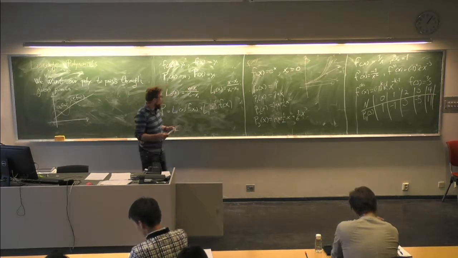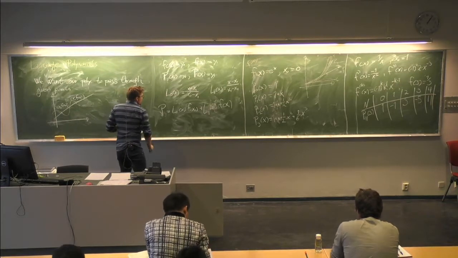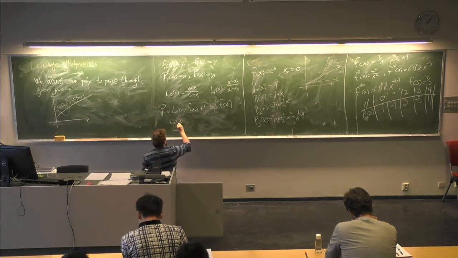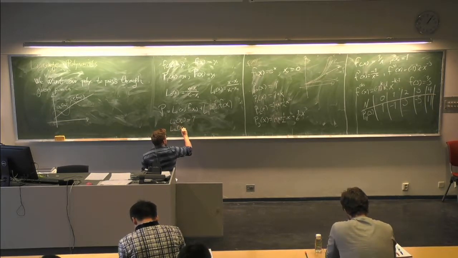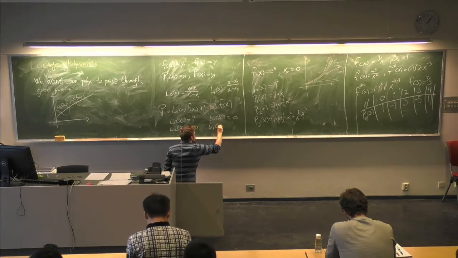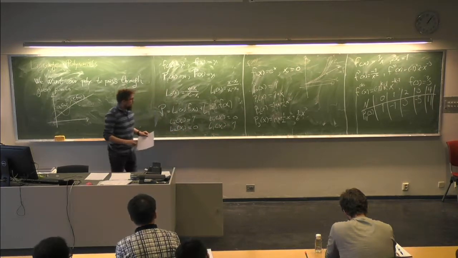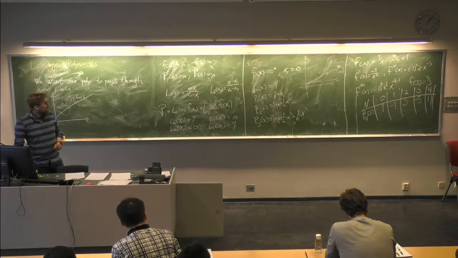So we see that L0 of x0 is 1, L0 of x1 is 0, and L1 of x0 is 0, L1 of x1 is 1. And then we'll try to generalize this a bit more.